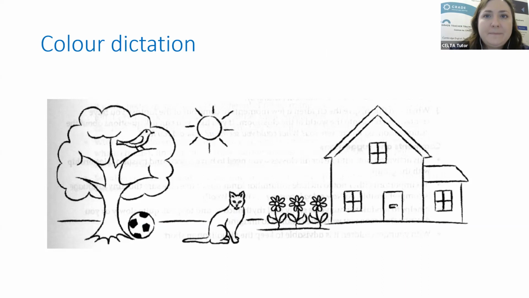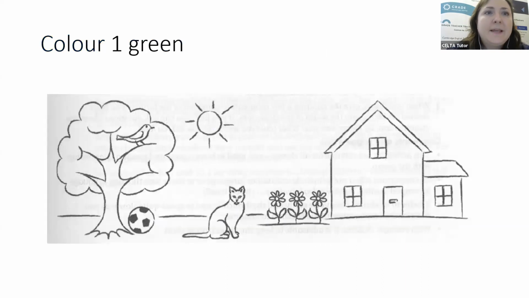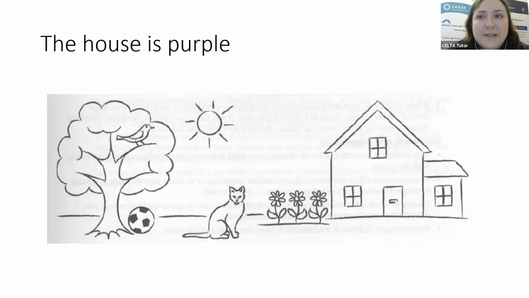For example, when they know more language, when they know the objects, when they can name and identify the objects in the picture, you don't say color 1 green. You start naming the objects.